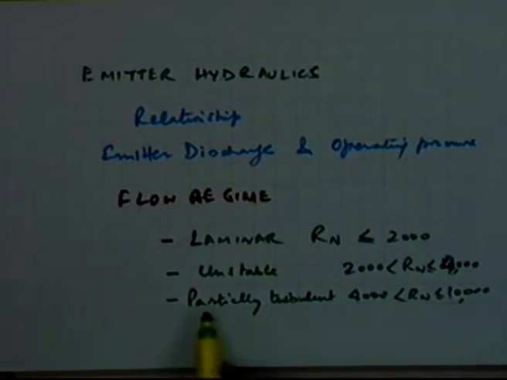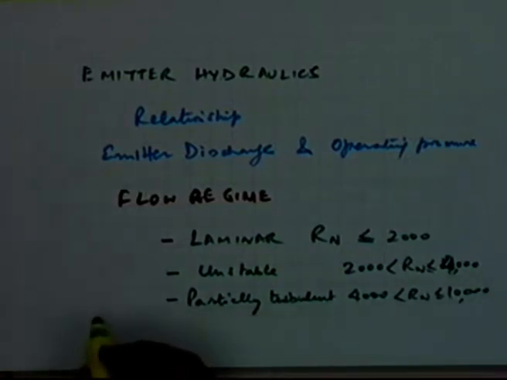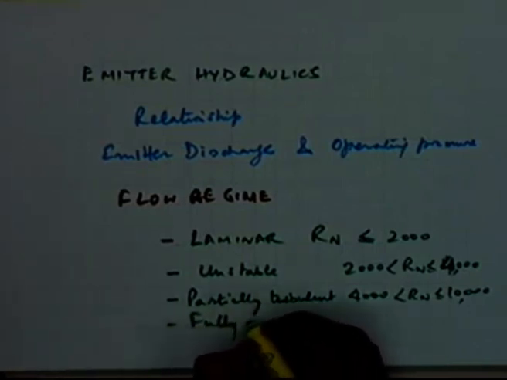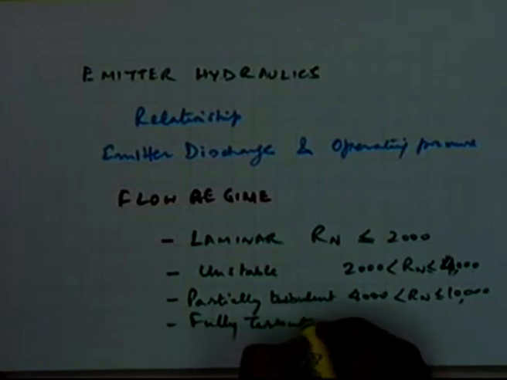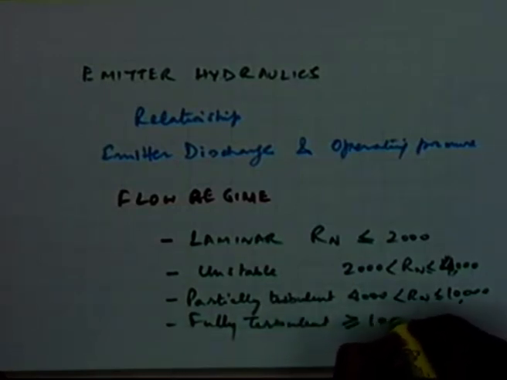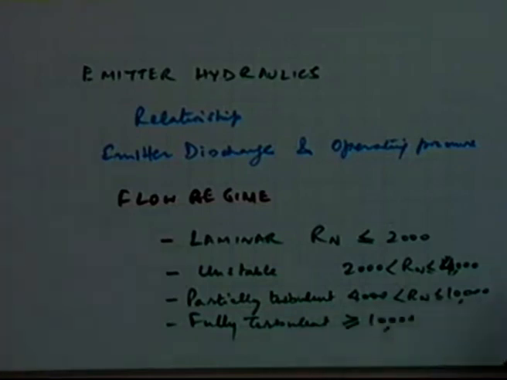When it's 10,000, that limit will be the beginning of fully turbulent flow. So anything beyond 10,000 is a fully turbulent flow.